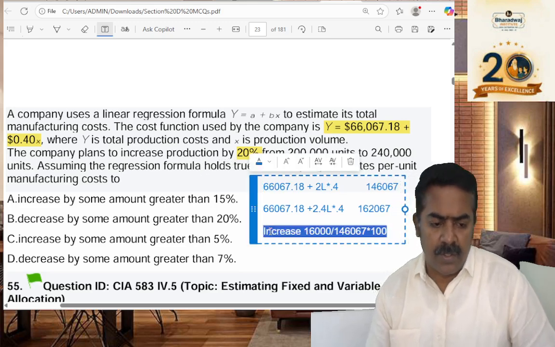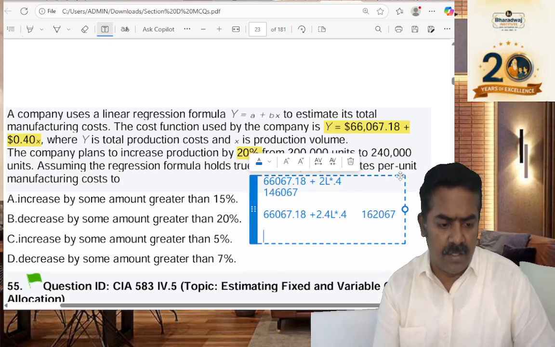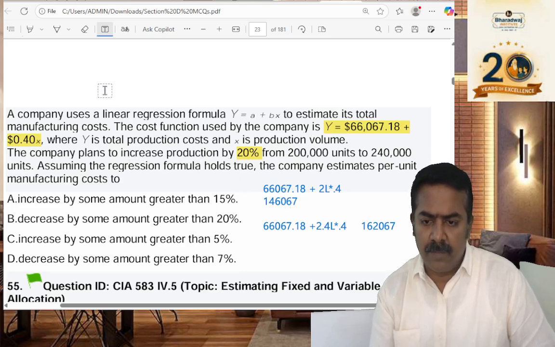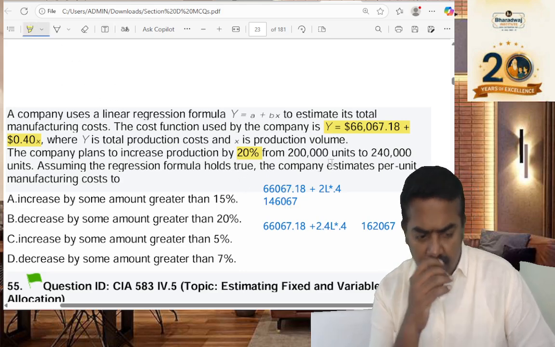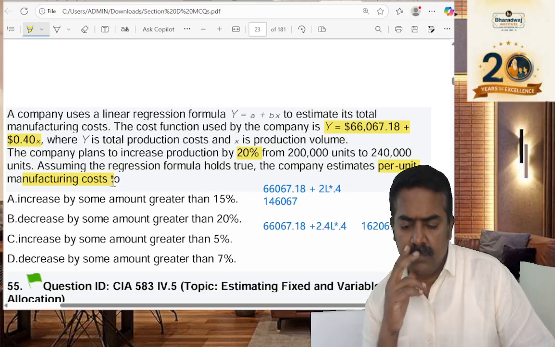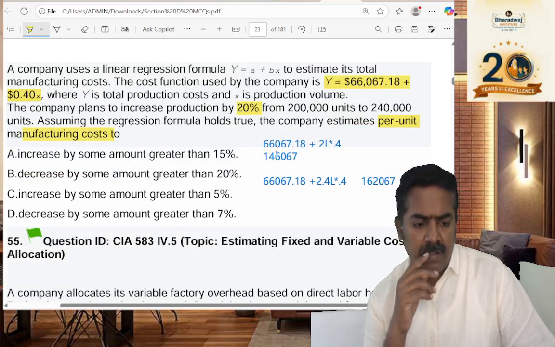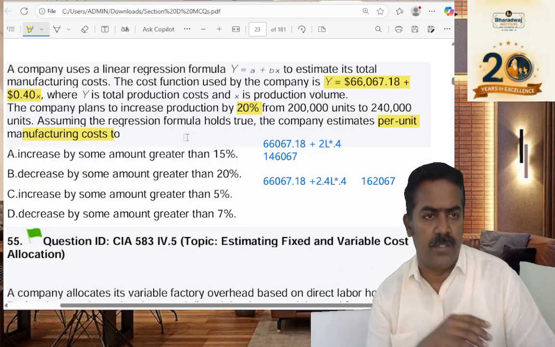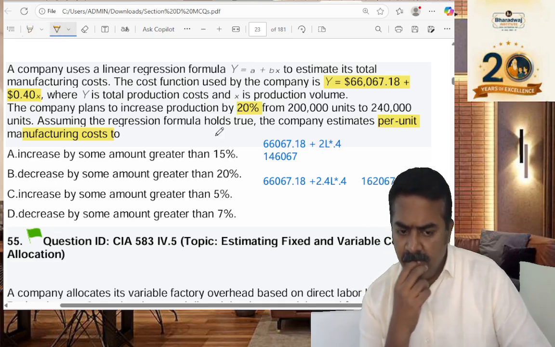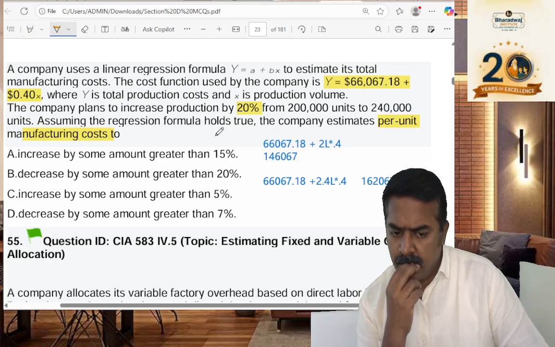No. We want per unit cost. The analysis is not total cost. The analysis is which one? Per unit cost. So work out per unit cost, divide by the number of units, and you see the change.